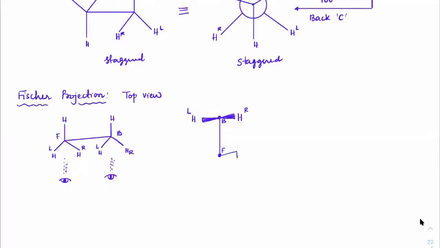And on the front carbon also, both these hydrogens are trying to be close to you. So this is also hydrogen, hydrogen, right one, left one. And the other two hydrogens are going inside. How many of you are getting the feel of it, that you are able to see this molecule and observe it this way?